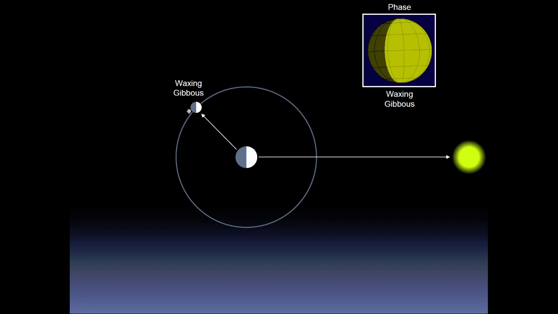And you can see that we can see most of the light of the moon. There's a little sliver of light that we can't see here. If you were to draw a line, you can't see the backside of the moon, but there's a little sliver of darkness here. And again, you would tell me when this transits, when it rises, and when it sets.